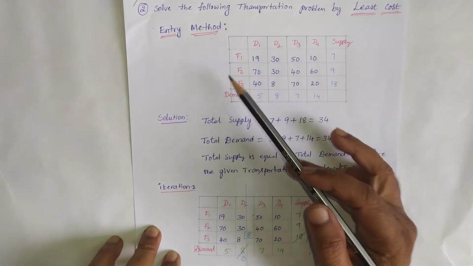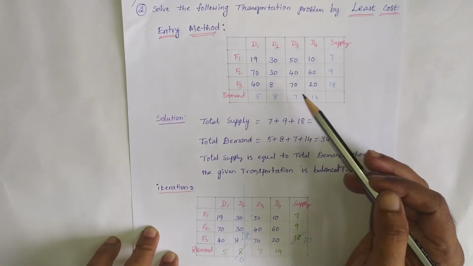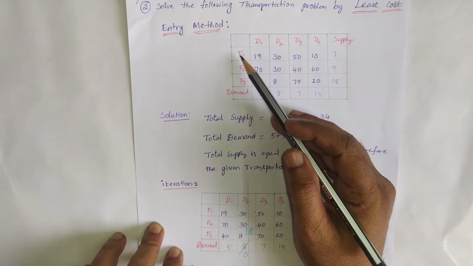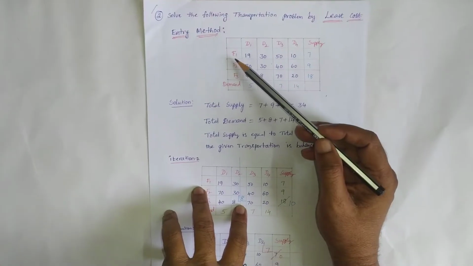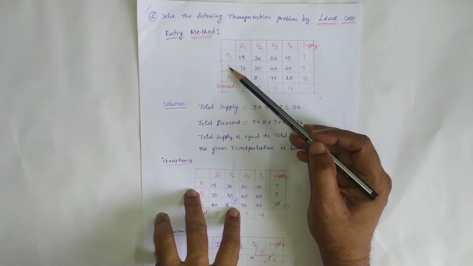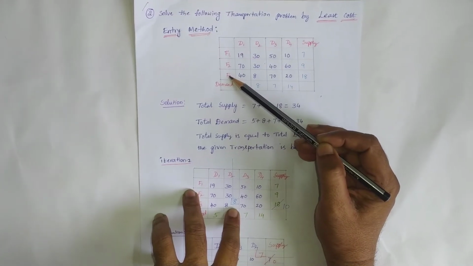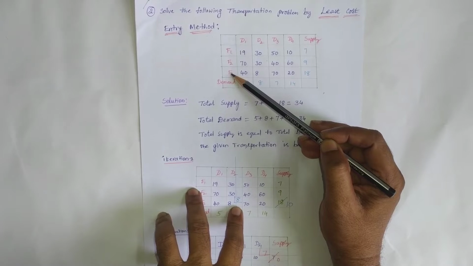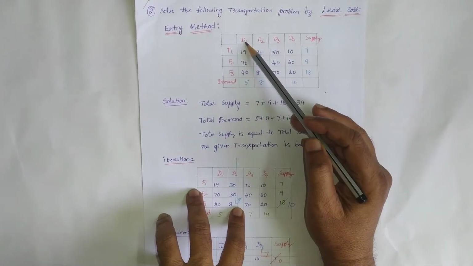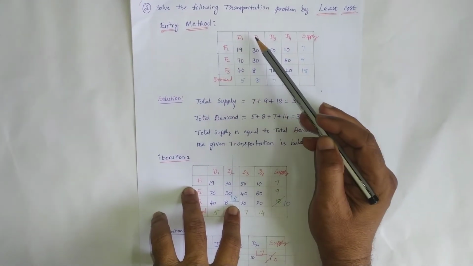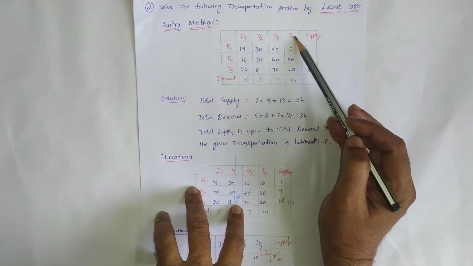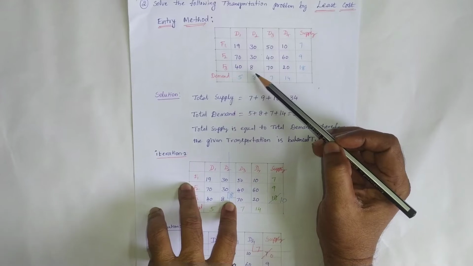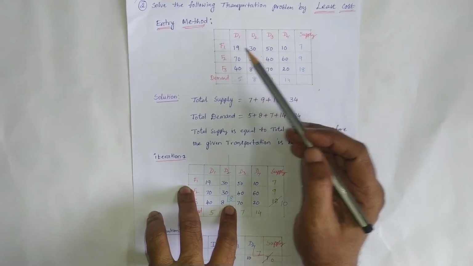The problem is given in matrix form. Here there are three factories F1, F2, F3 which produce products and supply these products to the different destinations D1, D2, D3, D4 in such a way that we have to minimize the transportation cost.